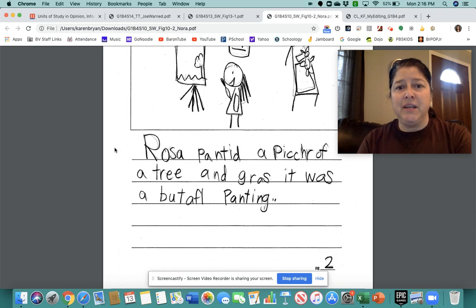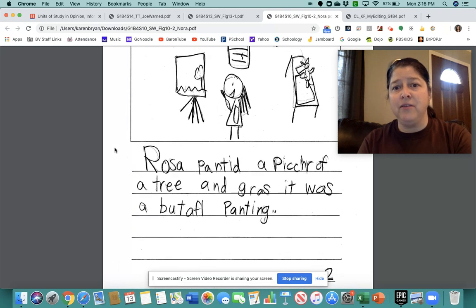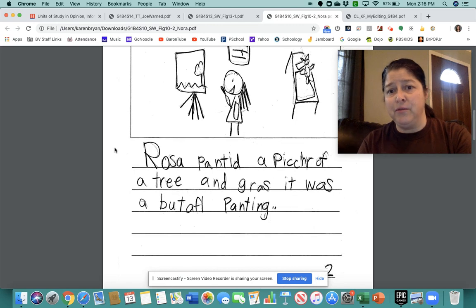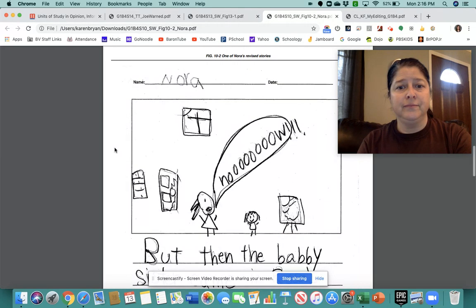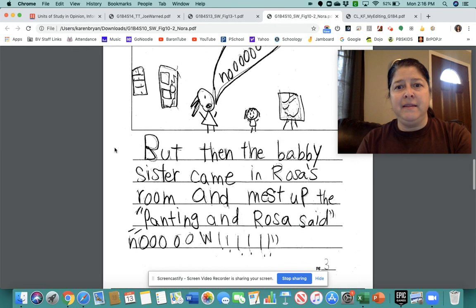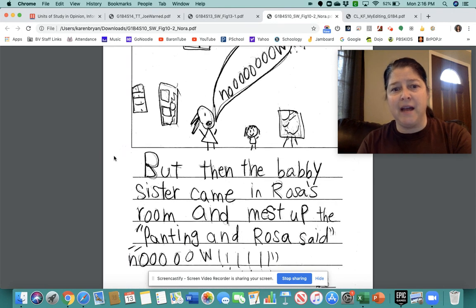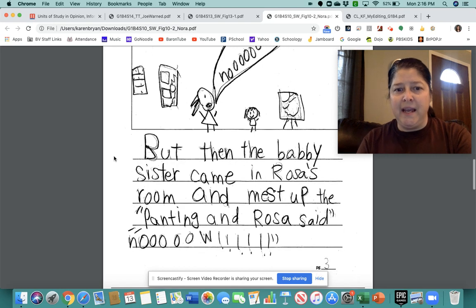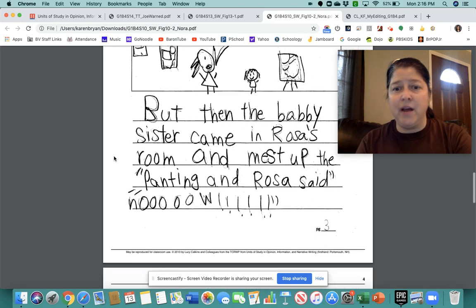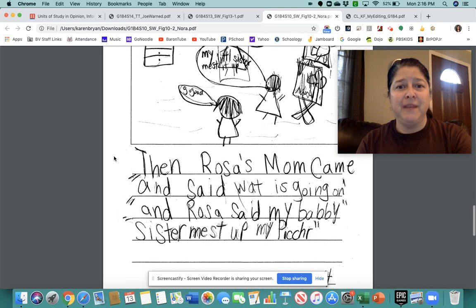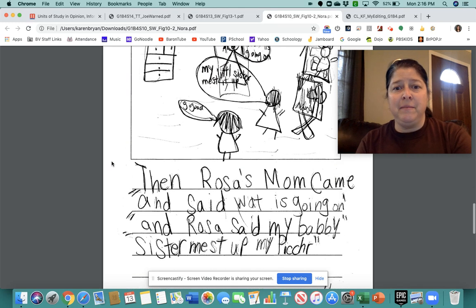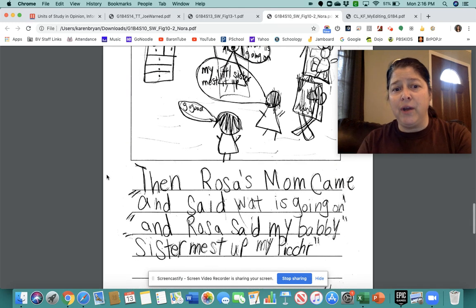One day, Rosa was at home and Rosa was painting. It was Rosa's favorite thing to do, and Rosa said, "I love painting." Rosa painted a picture of a tree and grass. It was a beautiful painting. But then the baby sister came in Rosa's room and messed up the painting. And Rosa said no. Then Rosa's mom came and said, "What is going on?"